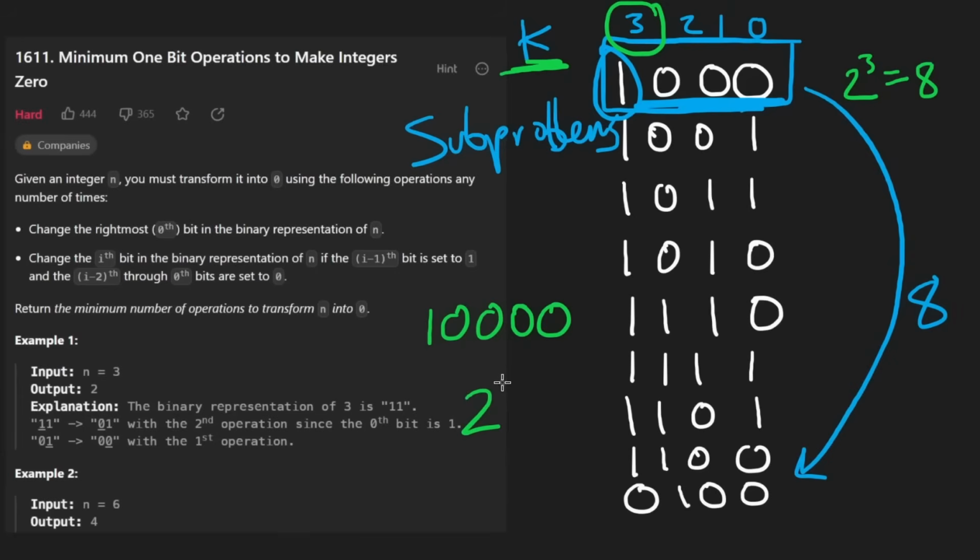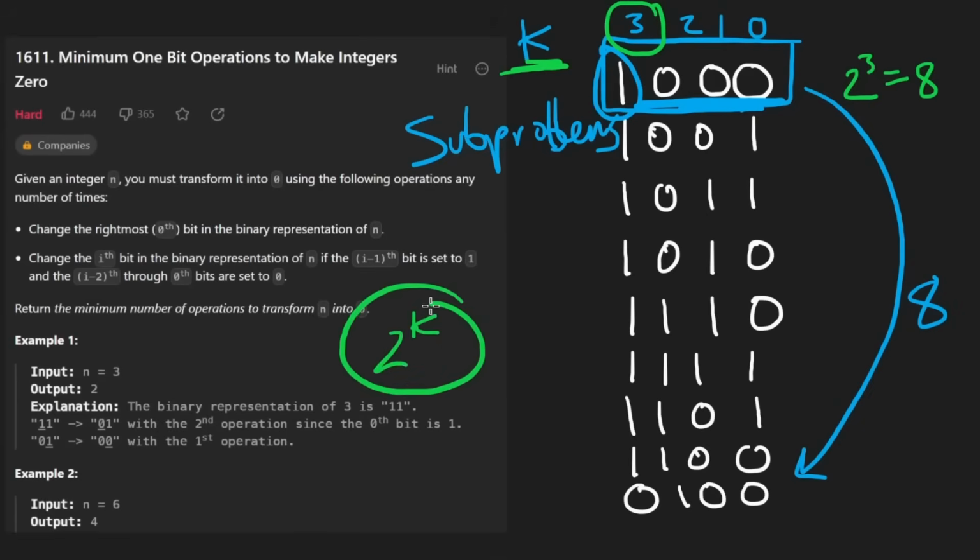So that is 2 to the power of k. Think of it as that, because 2 to the power of 0 is equal to 1, 2 to the power of 1 is equal to 2, 2 to the power of 2 is equal to 4, etc. So if we have a power of 2, the number of steps it takes to remove the most significant bit is 2 to the power of k.